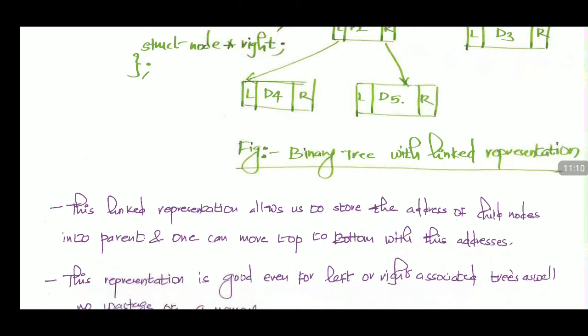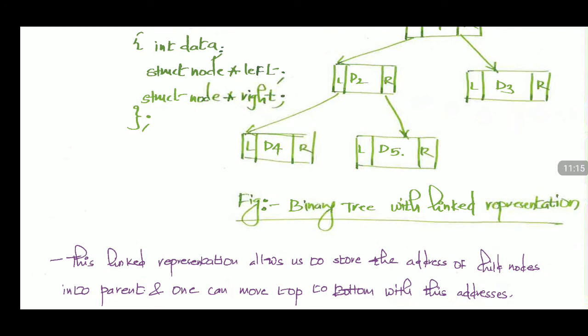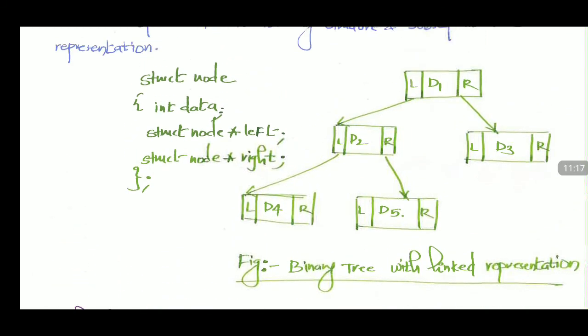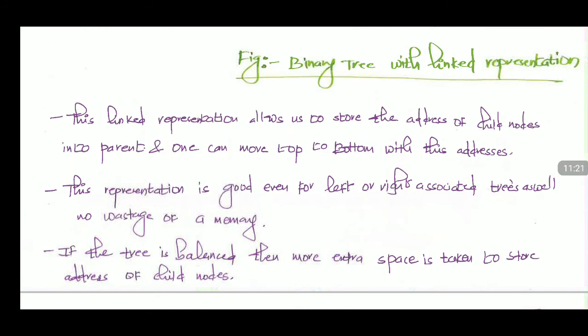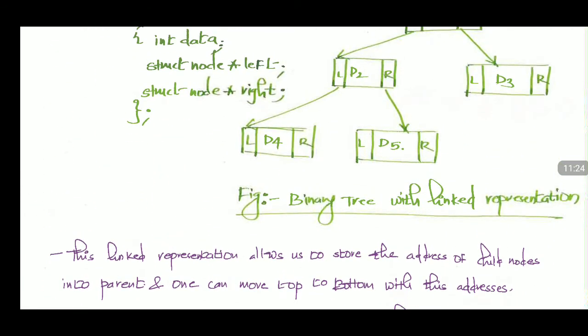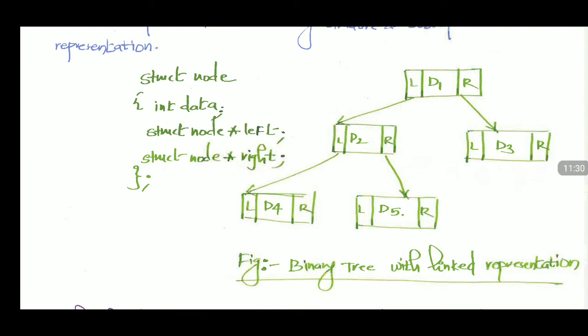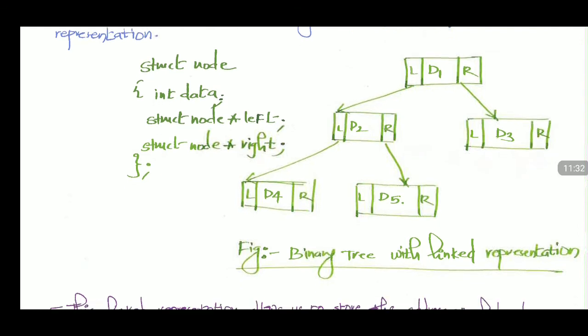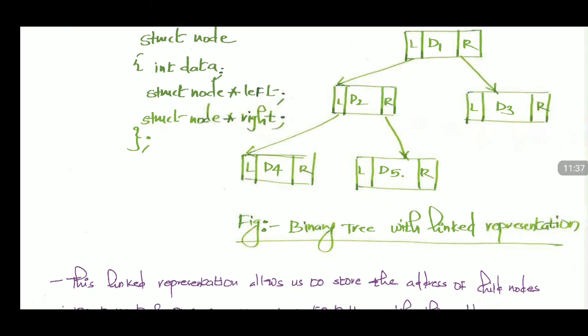Now if we have a tree that is left associated or right associated, and we are doing its memory representation using a linked representation, then there is less chance of wasting memory.